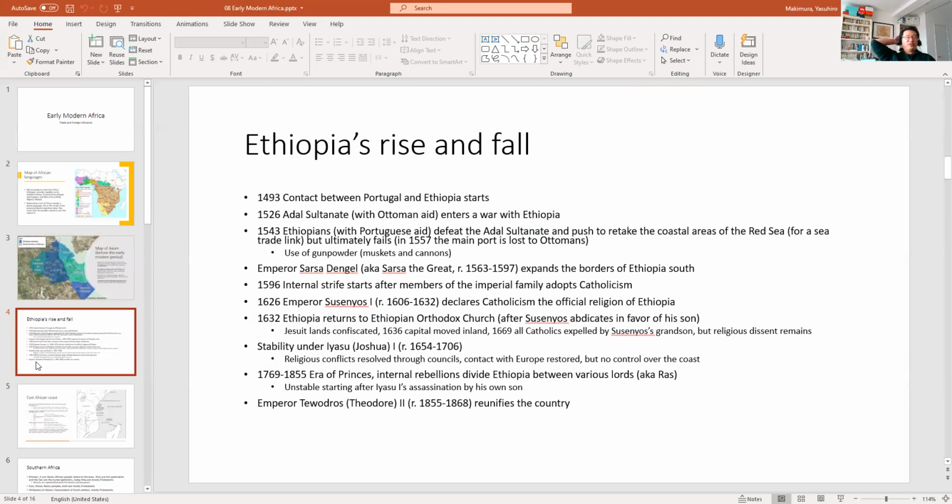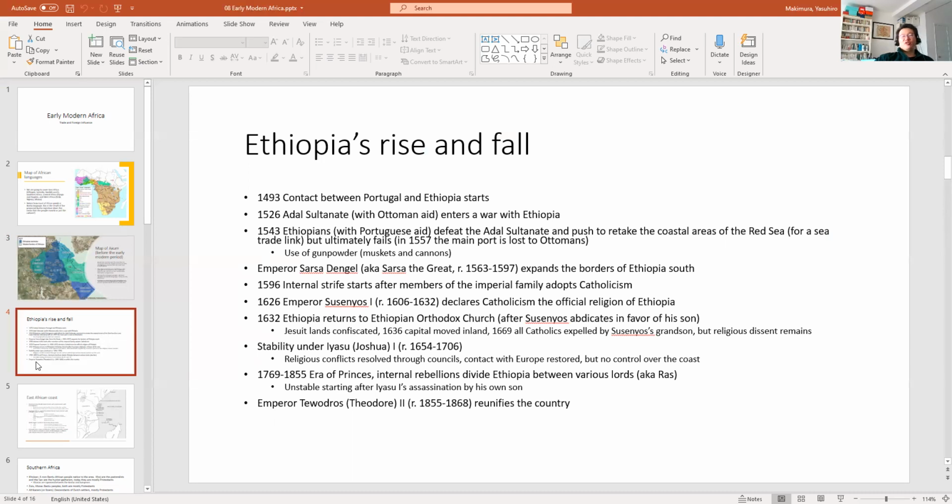Now that whole Jesuit missionaries spreading Catholicism finally bears fruit in convincing Emperor Susenyos to convert to Catholicism. Before he does, his family converts to Catholicism, so that when Susenyos becomes the emperor in 1626, he declares Catholicism to be the official religion of Ethiopia.